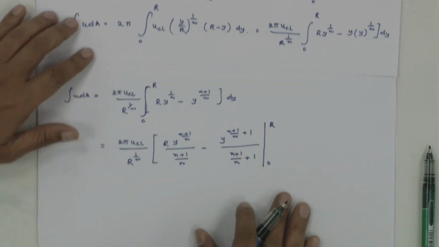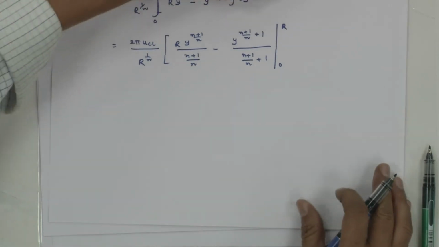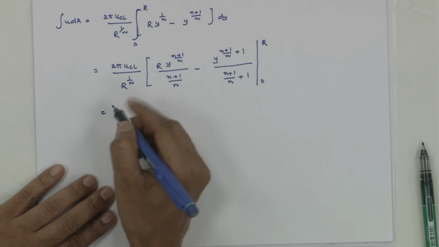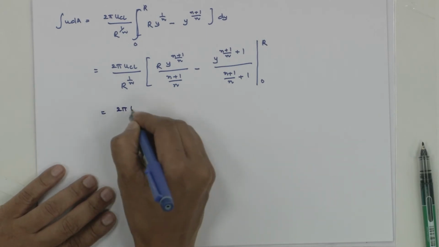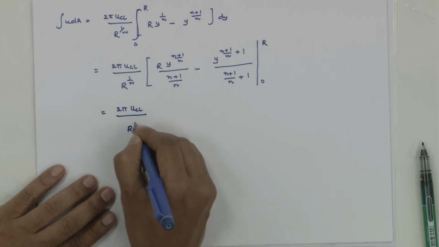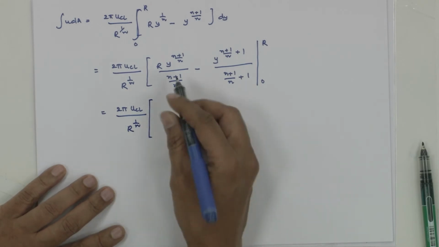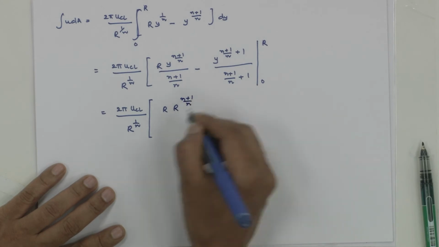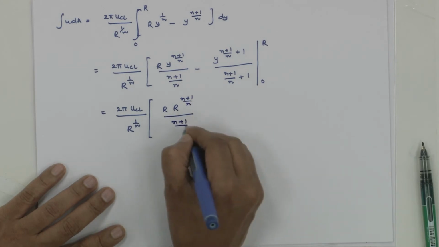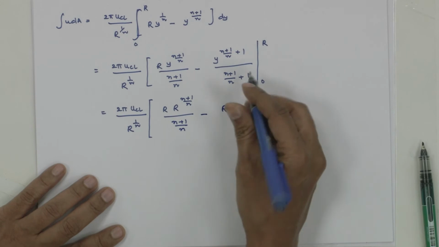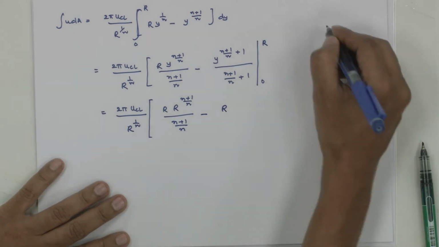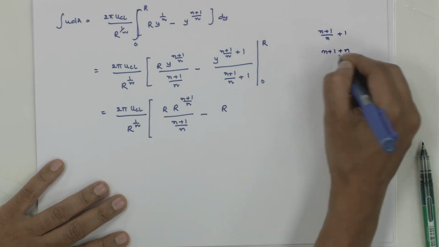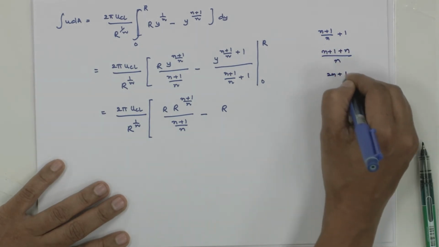If I substitute this, you get 2π u_centerline upon r^(1/n) times r into r^((n+1)/n) upon (n+1)/n, minus r to the power of (n+1)/n + 1, which would be (n+1)/n + n/n, that is (2n+1)/n.